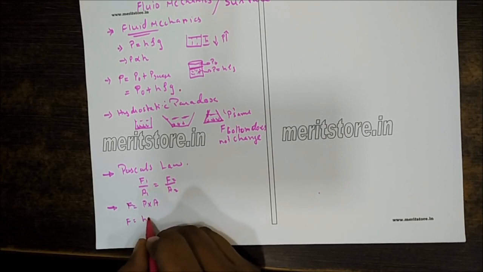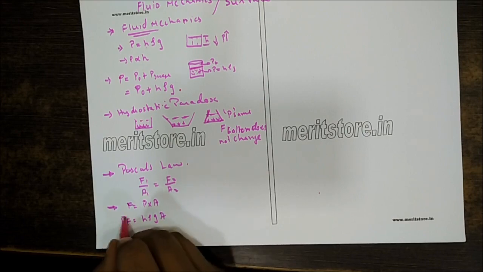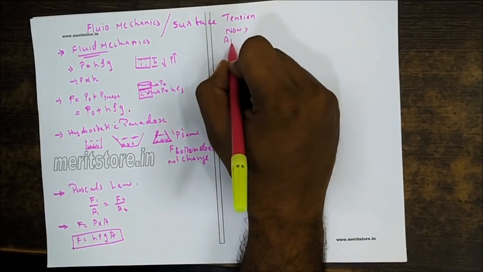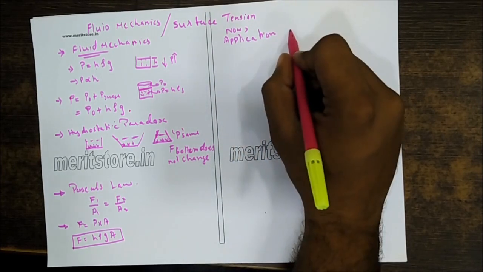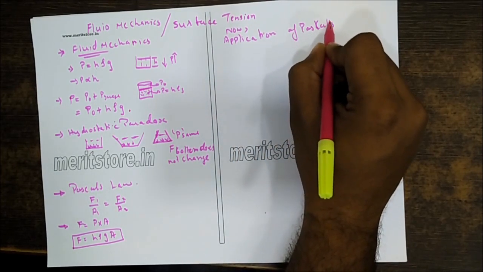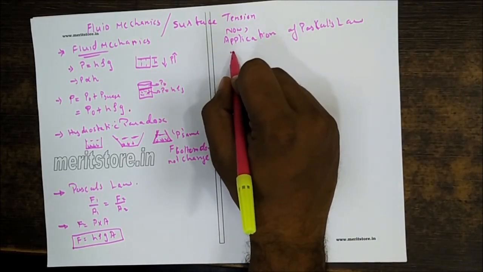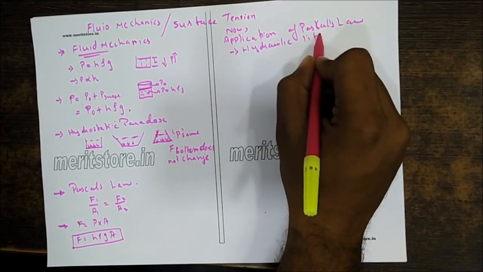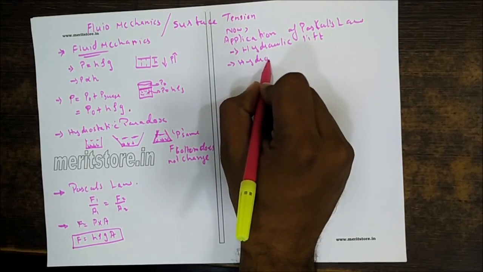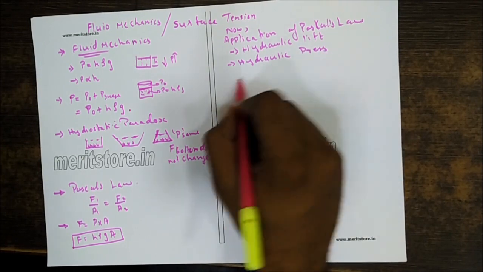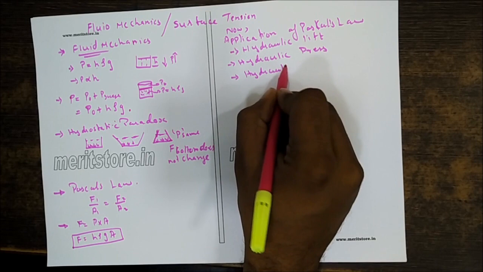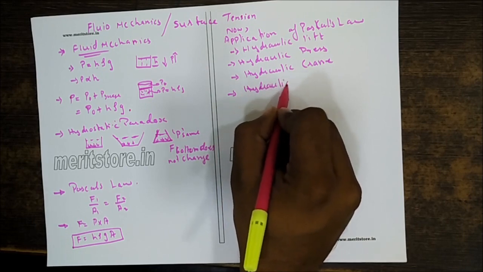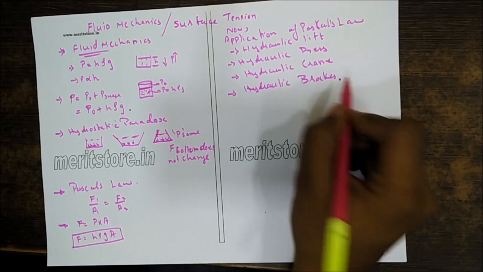So force can be given as h rho g into A. Now, applications of Pascal's law: some mechanical machines called hydraulic lift, hydraulic press, hydraulic crane, also hydraulic brakes.